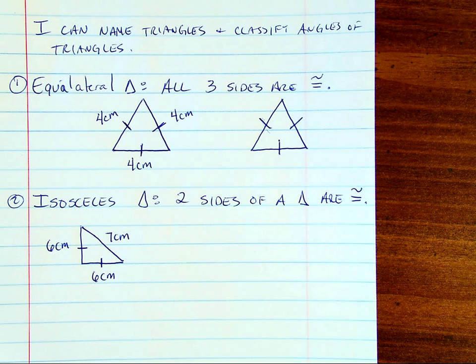Notice this time I did not put 3 slash marks through the sides. If I would have put in 3 slash marks, that would have been an equilateral triangle. So I only put 2. And the reason why I put 2 is because in an isosceles triangle, 2 sides are congruent to each other.